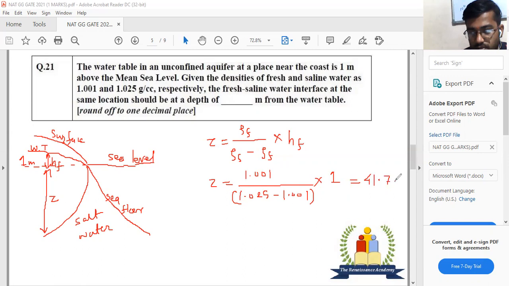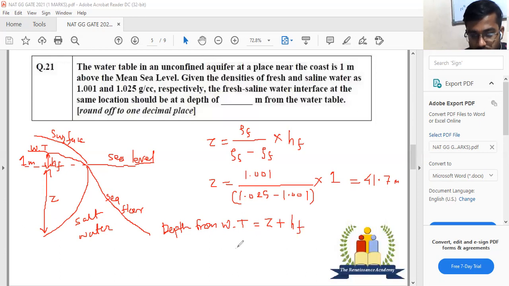41.7 meter. But if you read the question carefully, we need to calculate the depth from the water table. So the depth from the water table is Z plus HF.